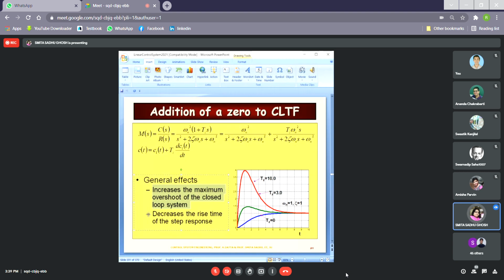Also, the system response has become faster, as is evident from the green plot and the red one. Again, I repeat, the green one is tz equal to 3, and the red one is tz equal to 10. So there is a decrease in the rise time of the step response. These are general effects that could be observed when you have the addition of a 0 to the closed loop transfer function.